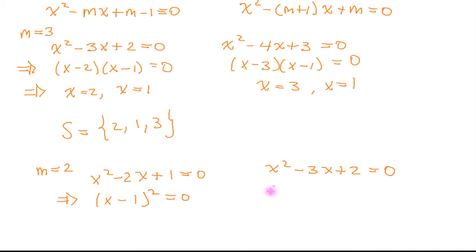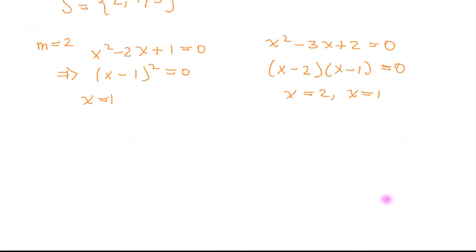And this is x minus 2, x minus 1 equal to 0. Now notice this. The root here is just x equal to 1. And the root here is x equal to 2 and x equal to 1. So when I union these two sets, what do I have? I have 1 and 2, which has 2 elements. So we already found that m equal to 2 satisfies the equation, but we're not done yet.